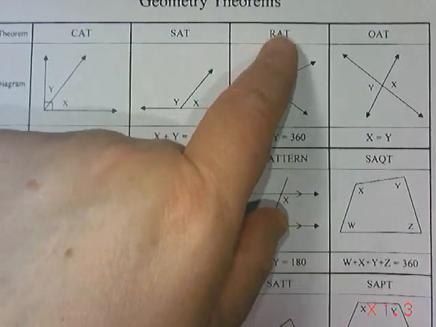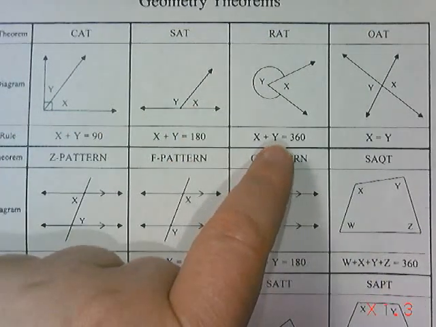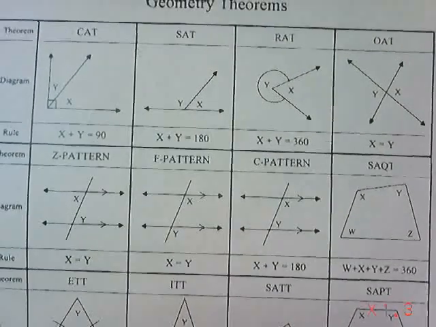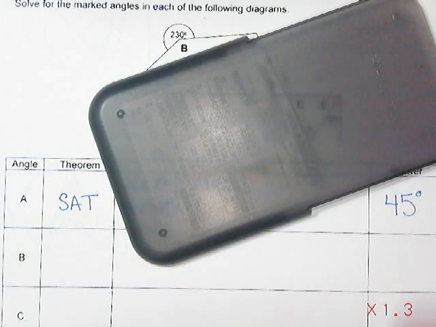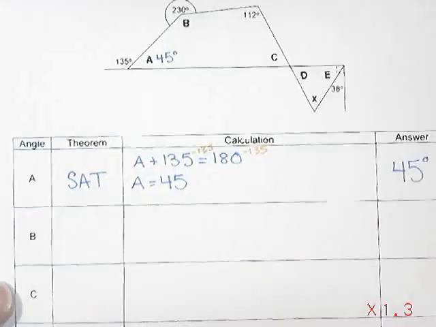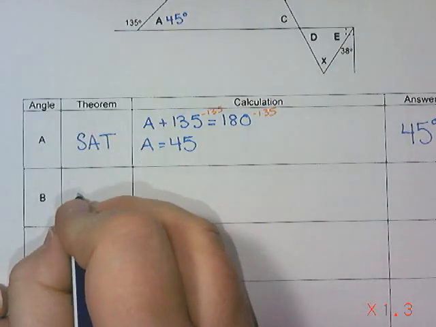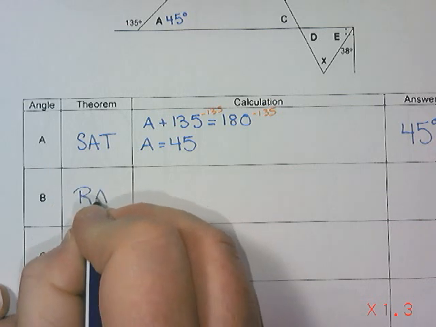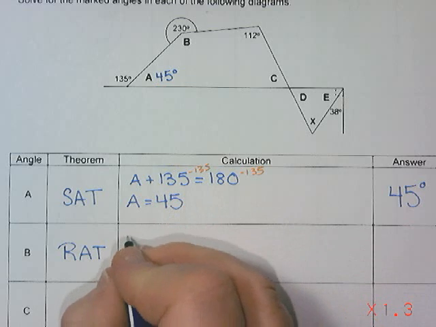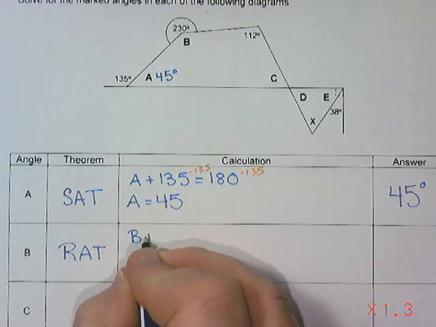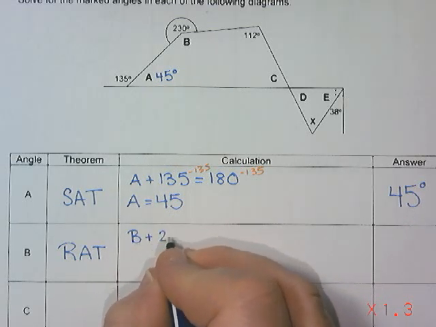That is RAT, the reflex angle theorem, and it says that those 2 angles make a full circle, so they add to 360 degrees. So for B, I'm going to try using the reflex angle theorem, or RAT, and that those 2 angles, B and 230, should add to 360 degrees.